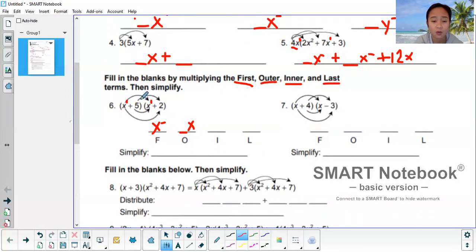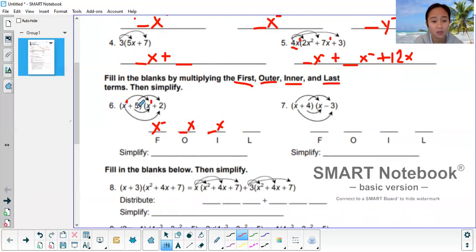If it has an exponent, then you copy the exponent also, okay? But since it only has x, you just write 2 times 1, then x. For the inner, what's 5 times x? Of course, 5 times 1, and then you write x. So don't forget, before the x, you write what's 5 times 1.